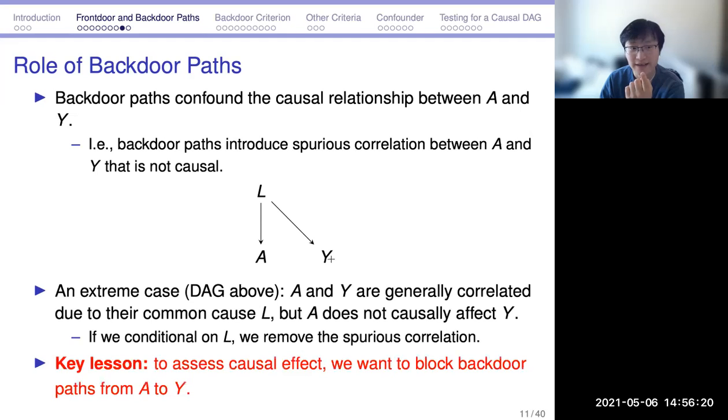So that's why in assessing causal effect, we want to block backdoor paths from A to Y. These are all intuitive arguments which will lead up to a rigorous statement of what variables lead to conditional ignorability. Any questions for the backdoor paths definition?